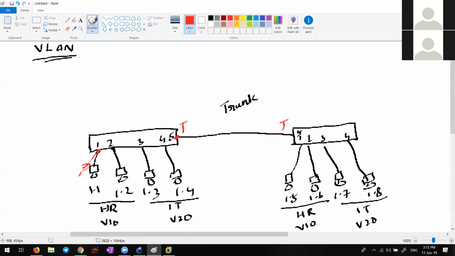He is getting a data, maybe it's a broadcast. The ports which are in the same VLAN. That means it will be forwarded through this port, and there is one more thing. It will also be forwarded through all the trunk interfaces. This way.